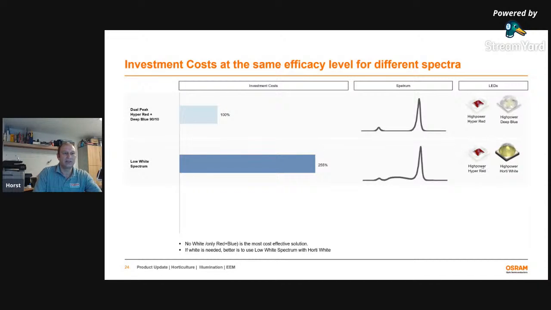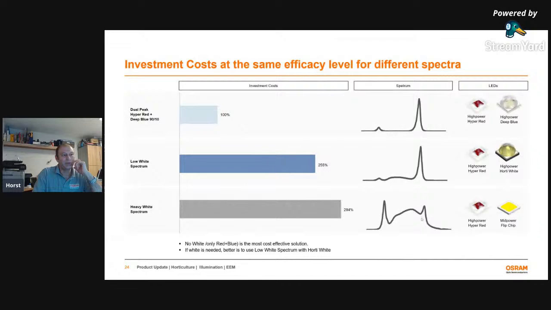So here you also put in some Horti white, and then you see that immediately it gets more expensive, or at least you need more LEDs. And if you lift up this greenish region here in the middle, then the efficiency is suffering, and therefore you need a higher count of LEDs, and then you will end up with the highest costs.